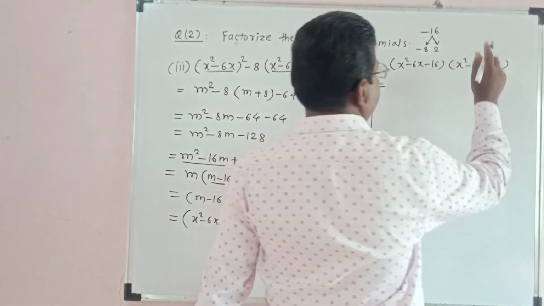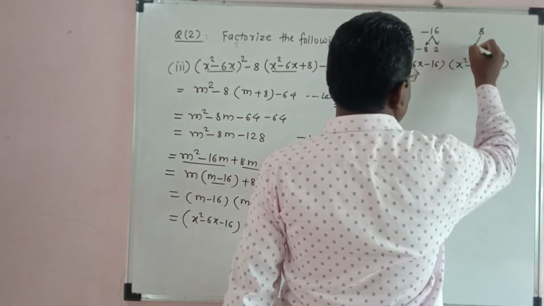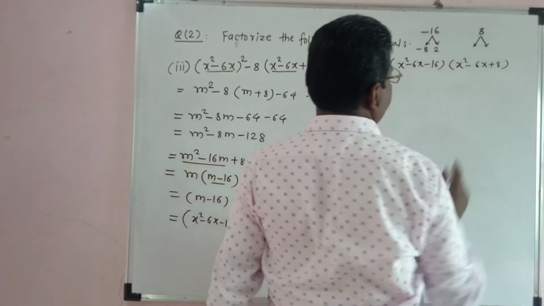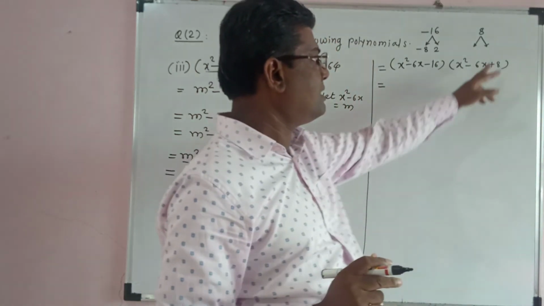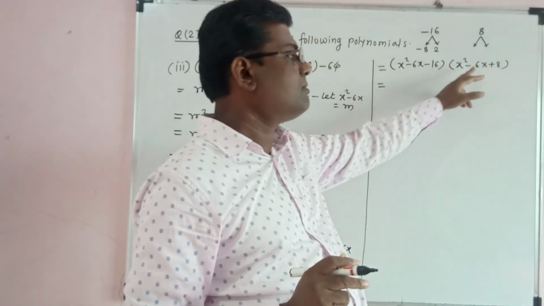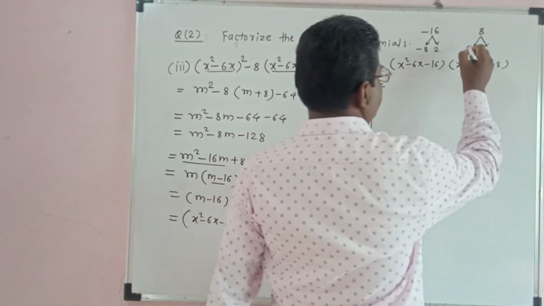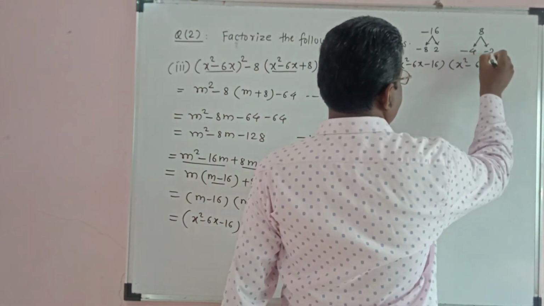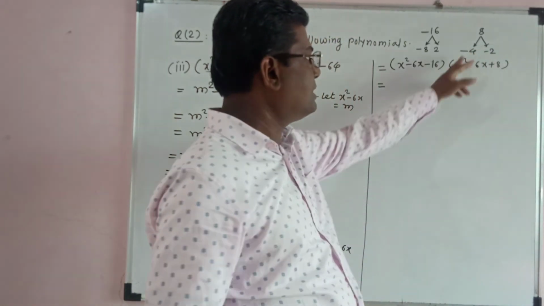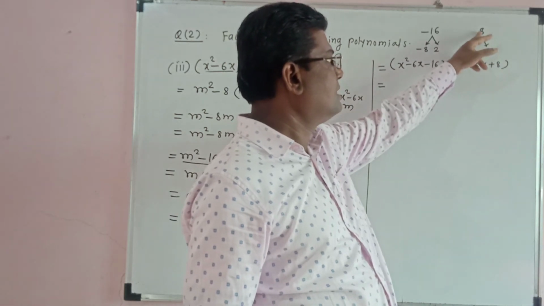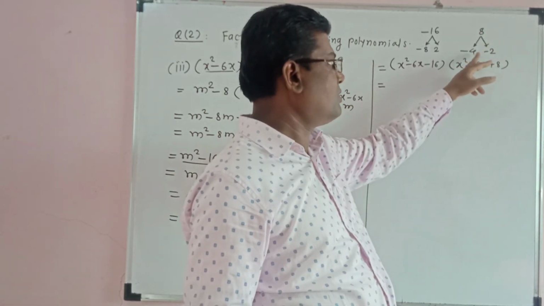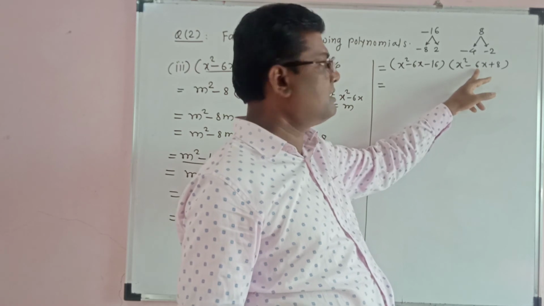Now split up this number 8 into numbers such that their multiplication is 8 and sum is minus 6. So the numbers are minus 4 and minus 2. Minus 4 into minus 2 will be plus 8 and minus 4 minus 2 is minus 6.